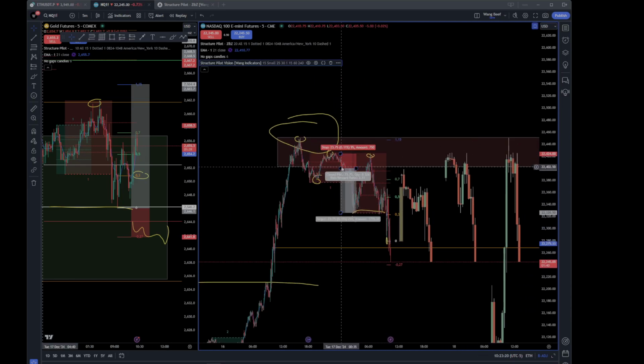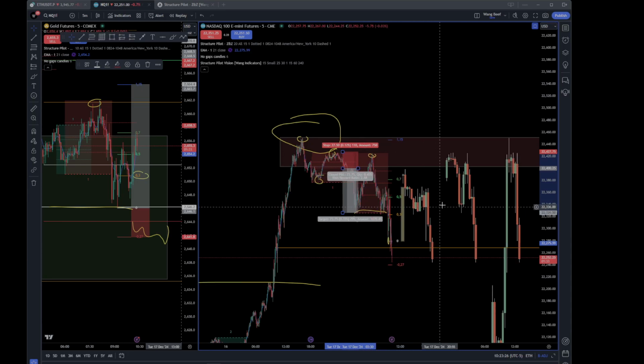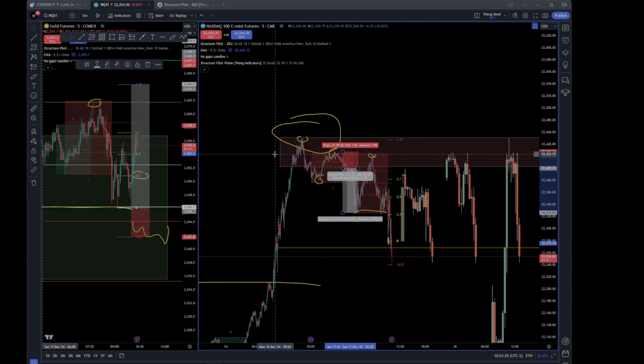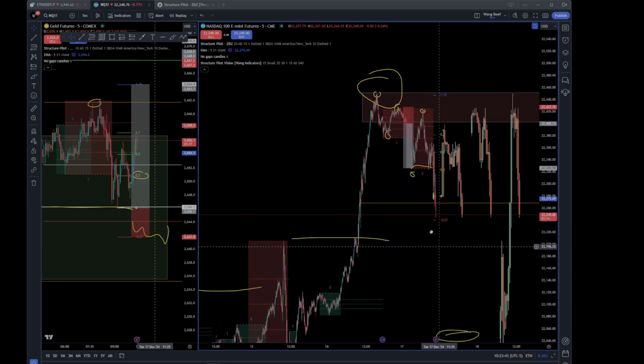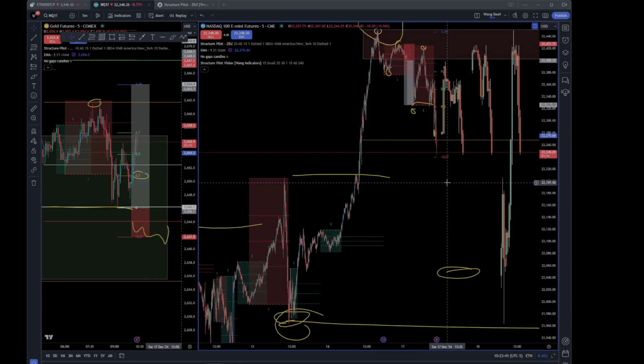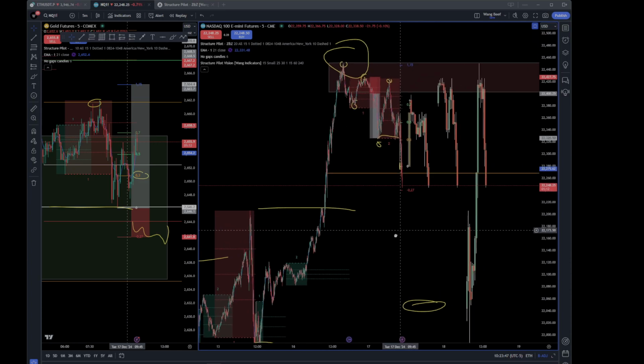No. I could wait for the second swing, but it happened to me often to take entry on the first swing, but on a sell stop or buy stop most of the time, not a limit order. Limit order I used from the second swing most of the time. It all depends on where we are in price.